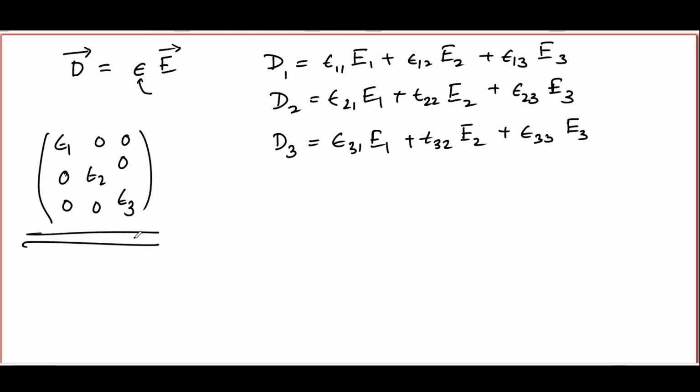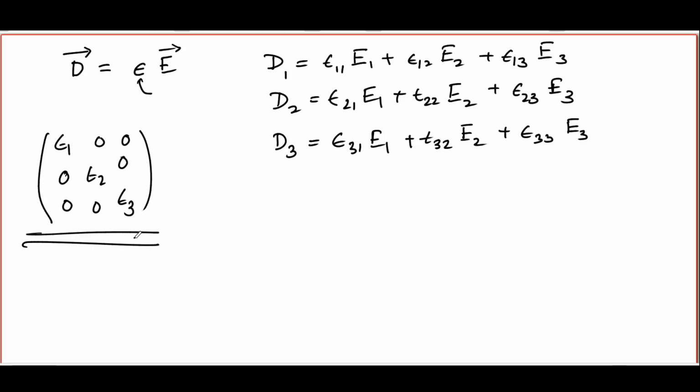And there, what you end up with is this relationship that D and E are related to each other by D equals epsilon E, of course, but epsilon now is no longer a permittivity scalar, it's actually a permittivity tensor. And this permittivity tensor, of course, takes its diagonal form when you are using a special set of axes called principal axes.